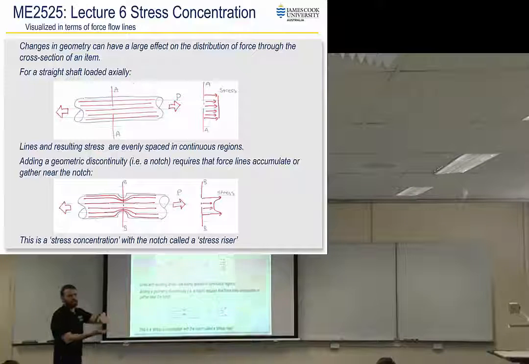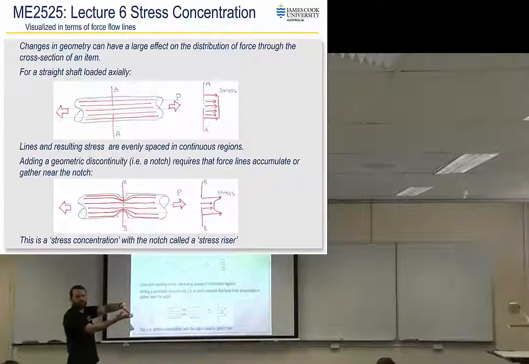So this atom on the left has a certain amount of force, and maybe two atoms on the left have to apply that load to one atom on the right, so the one on the right gets more stress because it's joining those two forces together.